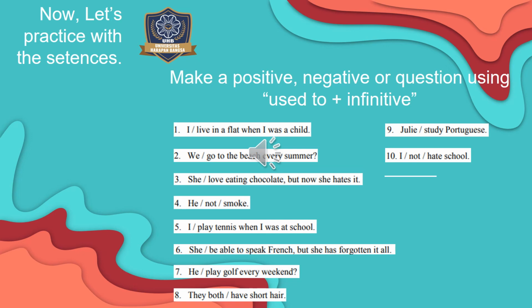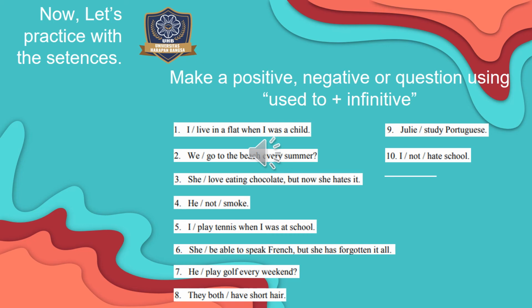Because we don't see a question mark and we don't see a clue of not in number 1, the sentence is a positive sentence. The correct answer to complete the sentence of number 1 is I used to live in a flat when I was a child. Let's go on to number 2.